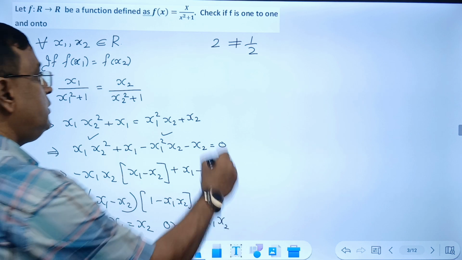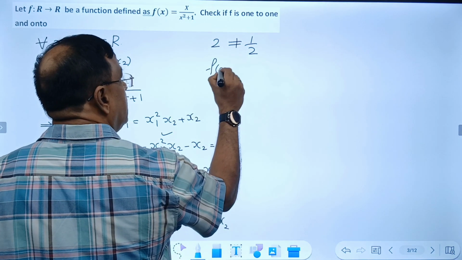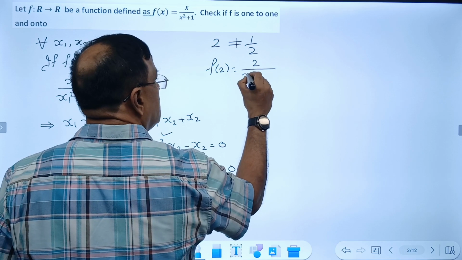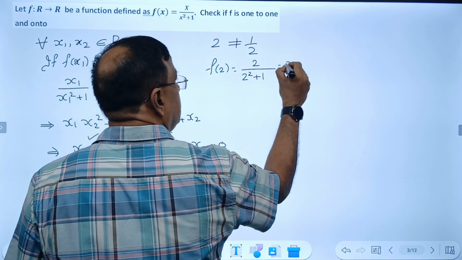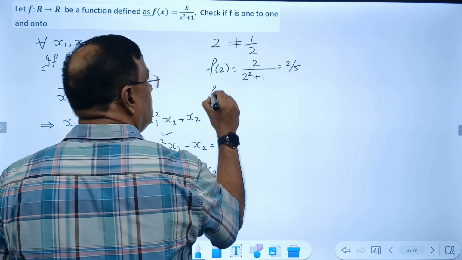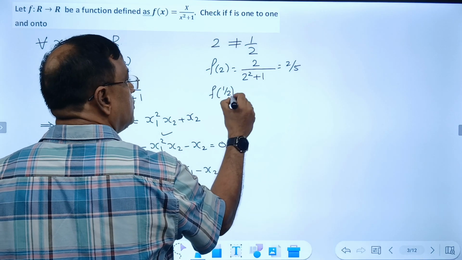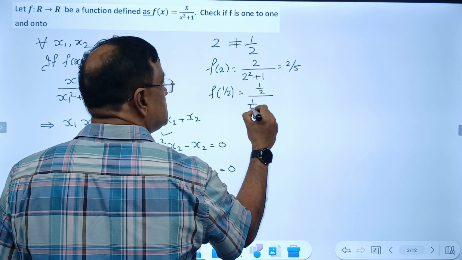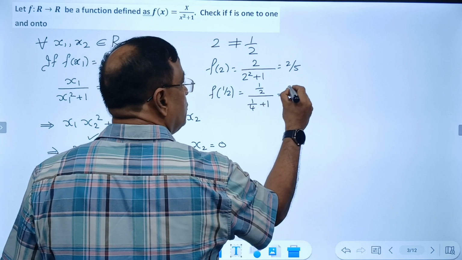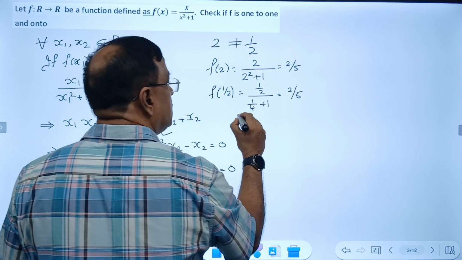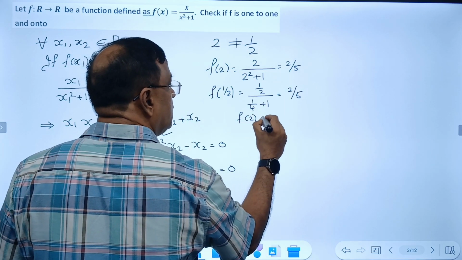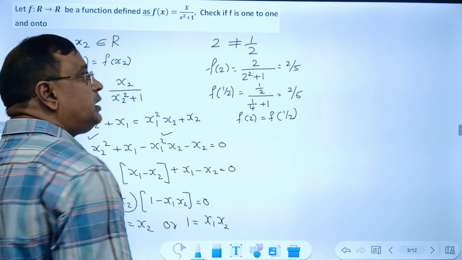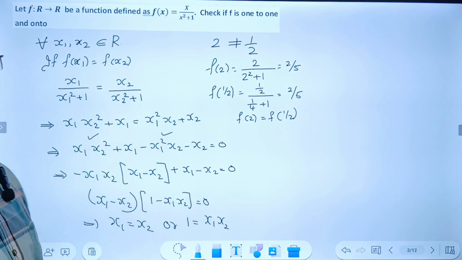So what is f of 2? f of 2 will be 2 by 2 square plus 1, which is 2 by 5. What is f of 1 by 2? Which is 1 by 2 by 1 by 4 plus 1. If you simplify, once again you get 2 by 5. So clearly f of 2 equals f of 1 by 2. See, 2 is not equal to 1 by 2, but I got f of 2 equal to f of 1 by 2.